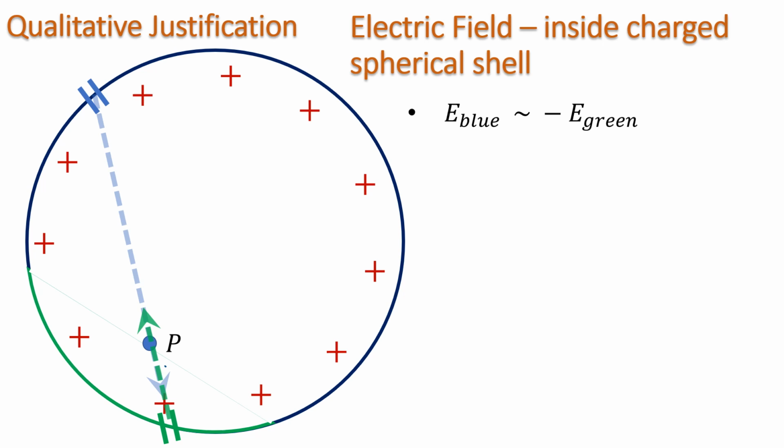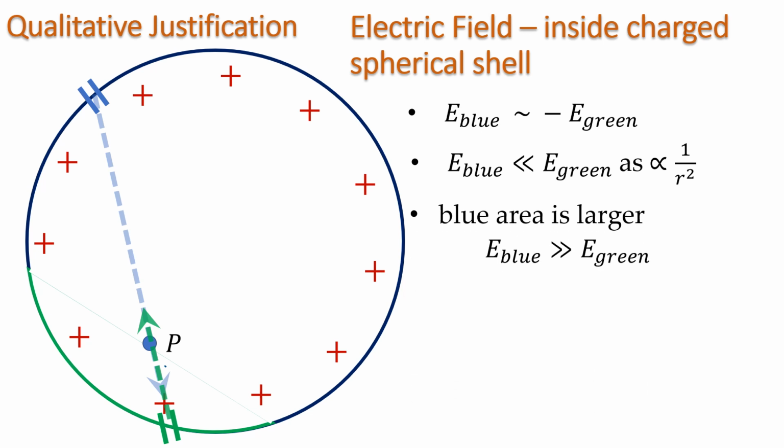However, the electric field from the point charges in the blue region is weaker than that of the green region because it is much further away. We know that the electric field from a point charge goes as 1 over r square. On the other hand, there is more blue region than green region, giving more electric field from the blue region.